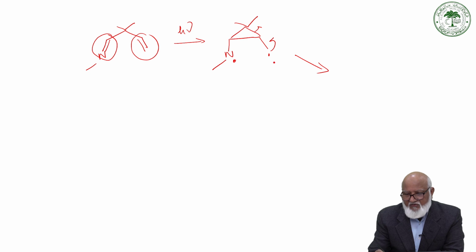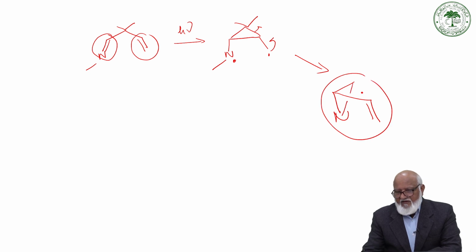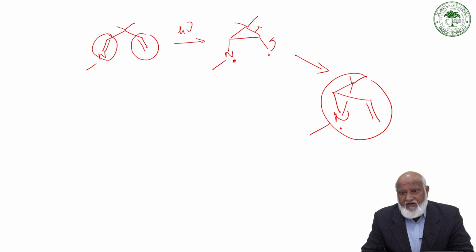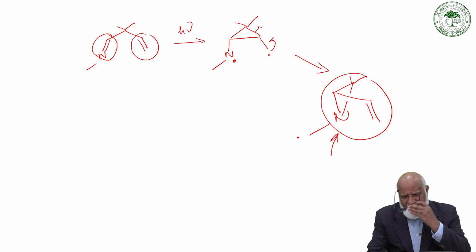In that case we are going to generate a product like this, where the nitrogen is part of the ring. The 3-membered ring itself is under strain, and the presence of a heteroatom in the 3-membered ring makes it more unstable and more strained, hence there is another possibility.